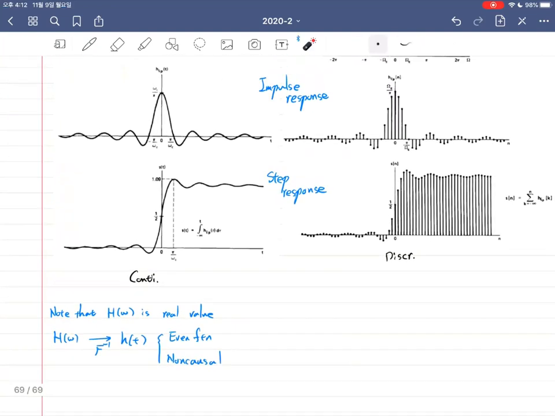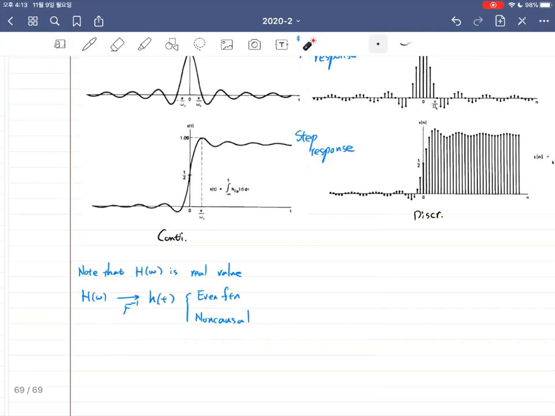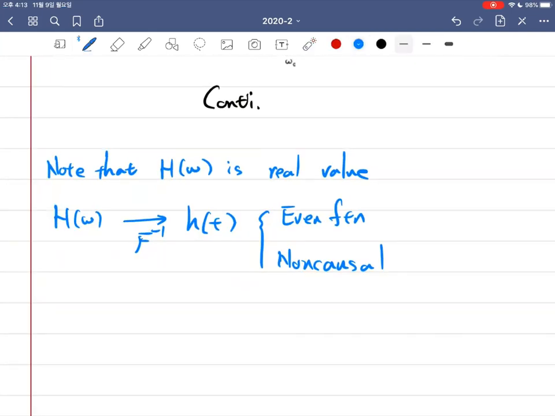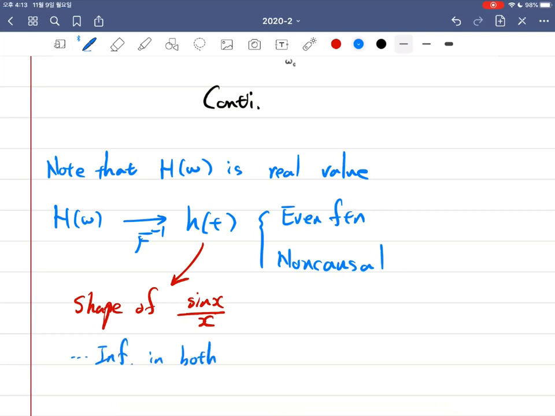And also this h(t) or h(n) has the shape of sine x over x, which means you have infinite value in both directions, plus and minus.